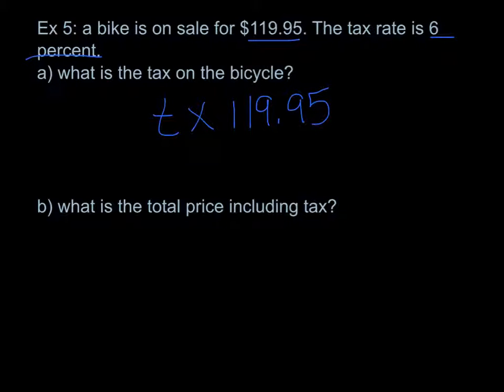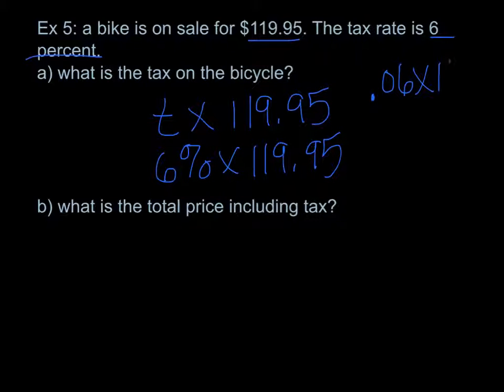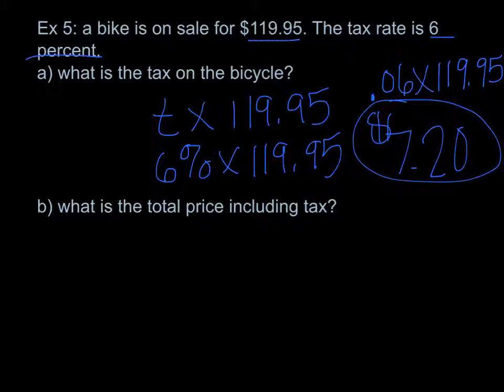Okay, our tax is 6%, so therefore 6% of $119.95. You have to convert your percent to a decimal. 0.06 times $119.95. When you compute that out, you get $7.20. That's part A. That's just the tax is worth $7.20.